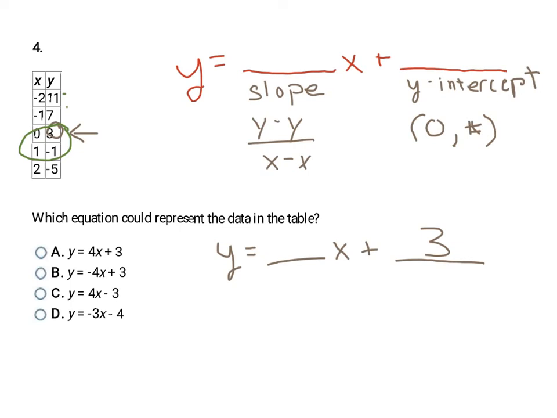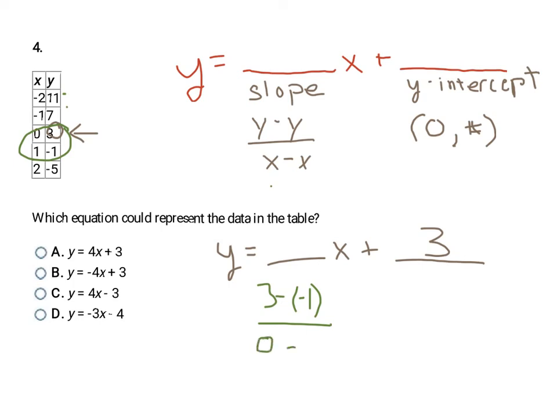And then if I look at my formula, I subtract y's on the top. My y column is right here, so I'm going to take 3 minus a negative 1 over, and then I'm going to subtract my x numbers on the bottom. And just be careful, I started with the 3 here, so that means I have to start with the 0 on the bottom. I just have to be consistent.